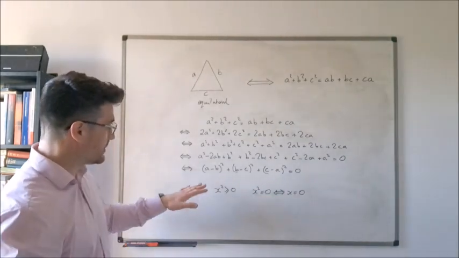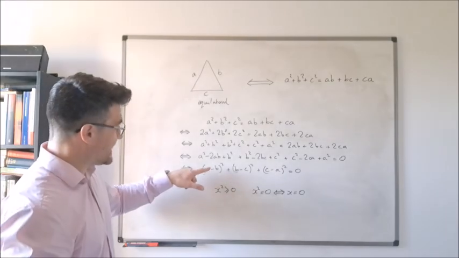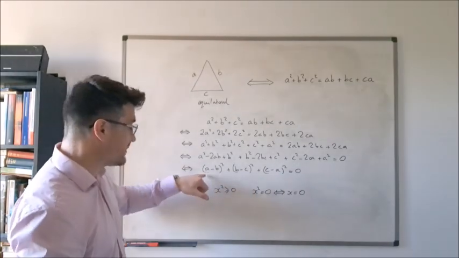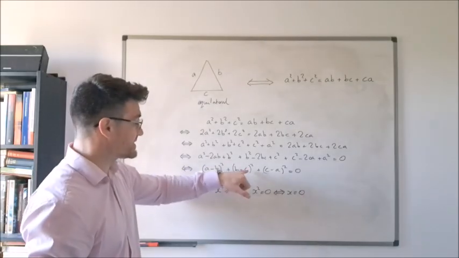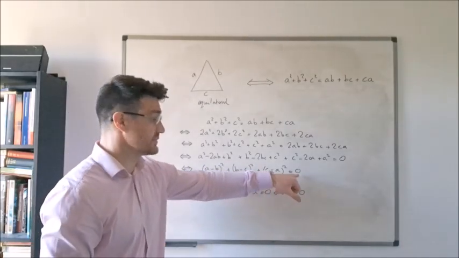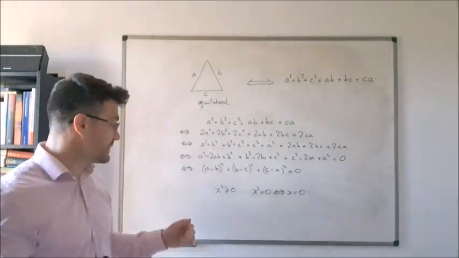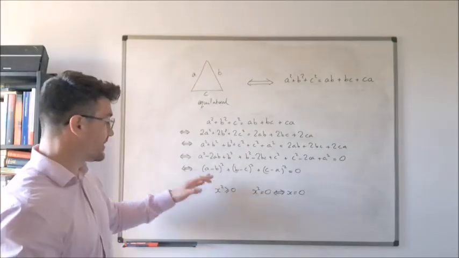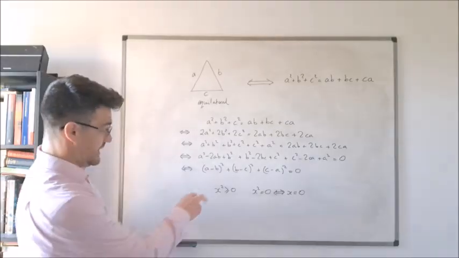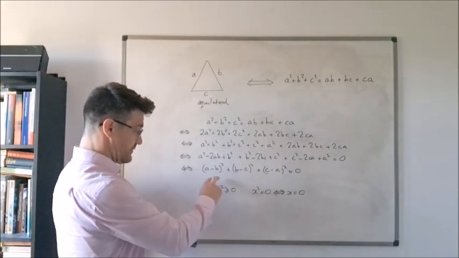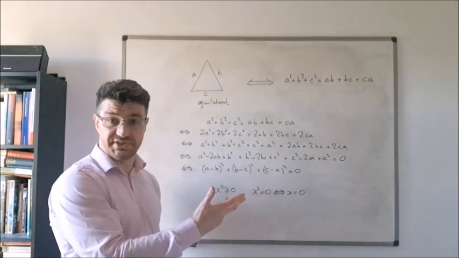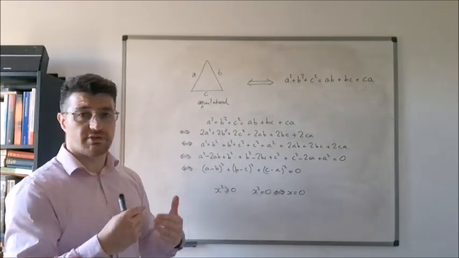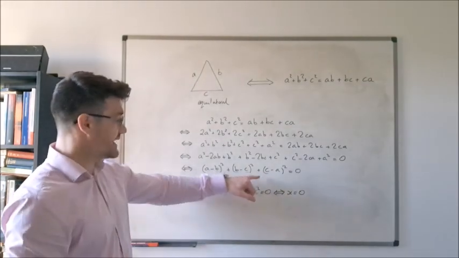Okay, so since the sum of these three squares, (a minus b) squared plus (b minus c) squared plus (c minus a) squared, is equal to 0, the only way that this can happen is if each of these is separately equal to 0. Because if one of these, or two of these, or all three were positive, non-zero, there's no way that it's going to cancel out, there's no negative terms.